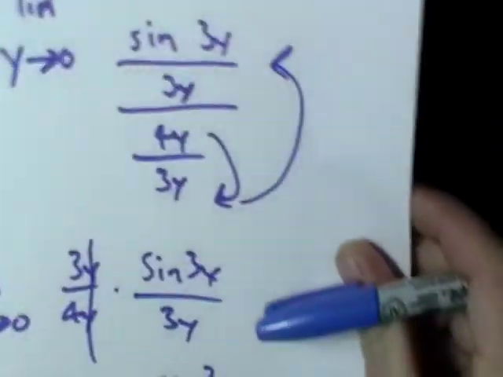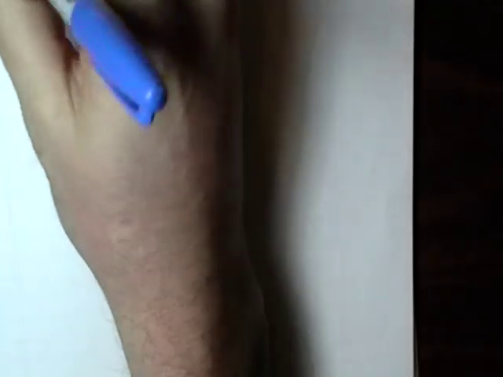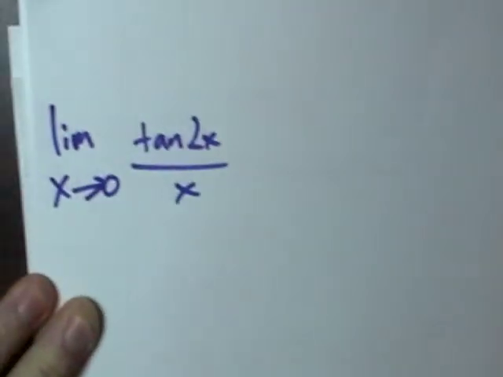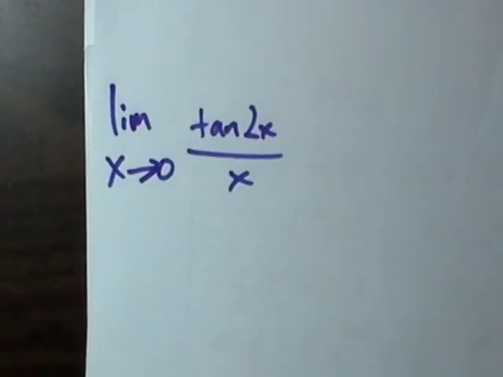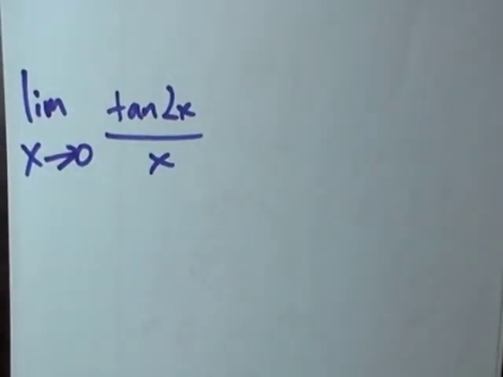Let's see if I have time for another one. Let me see if I can get one off real quick. Let's do tangent of 2x over x, and that's going to be the limit as x goes to 0. I copied this down real quick, just in case.